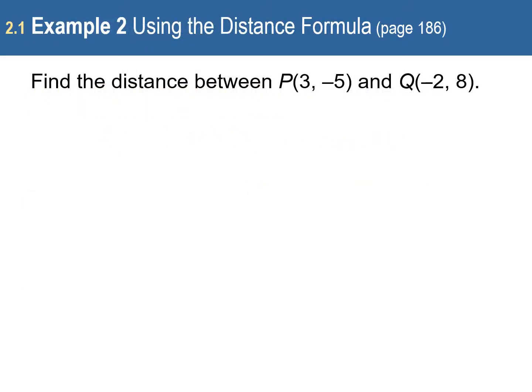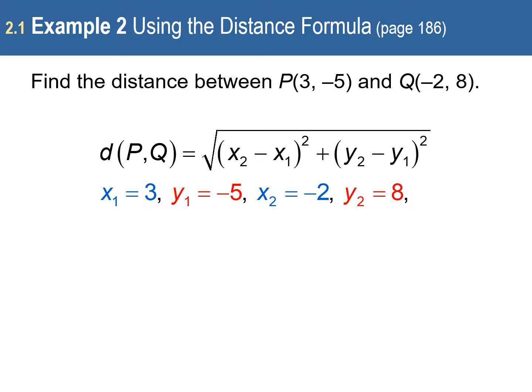So suppose I want to find the distance between P and Q when P is (3, -5), and Q is (-2, 8). Then the distance is the square root of (x2 minus x1) squared plus (y2 minus y1) squared. You need to identify x1 is 3 and x2 is -2. y1 is -5 and y2 is positive 8.